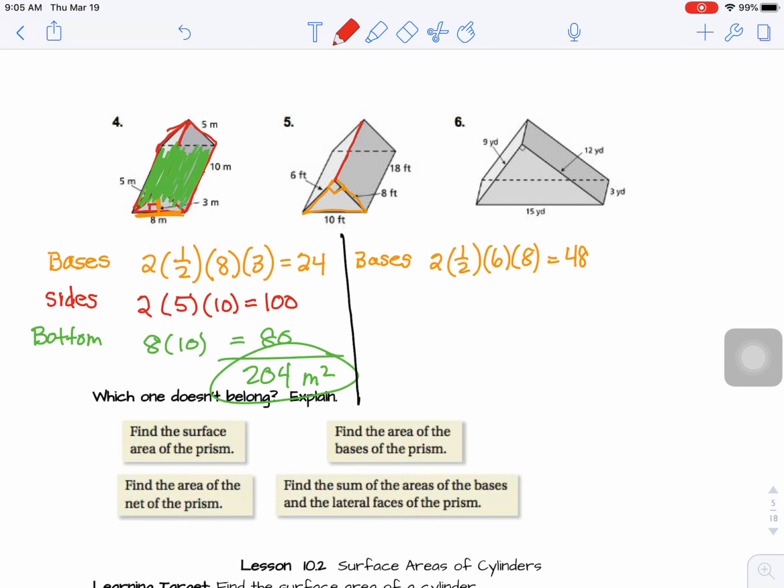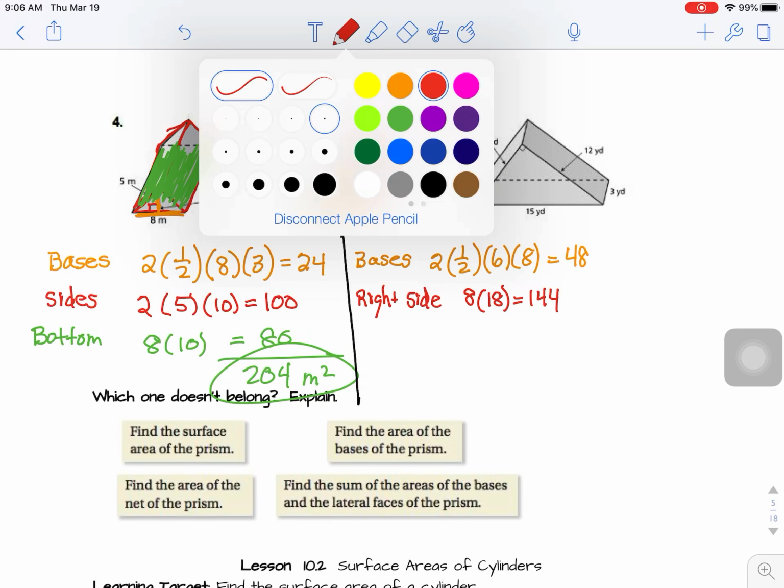The rectangles on the side, here they're different than the last one. So we'll call that the right side, which is 8 by 18. So that would give me 144.